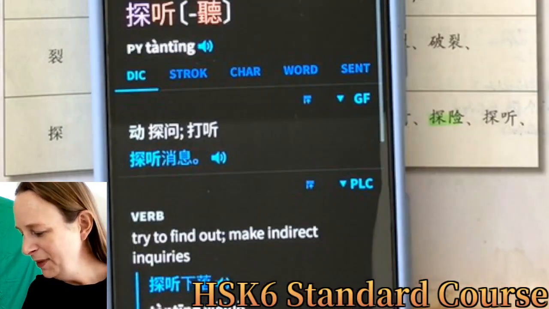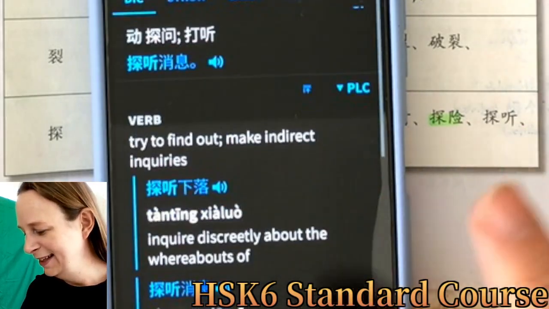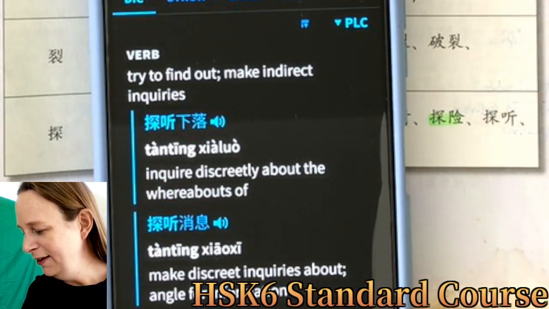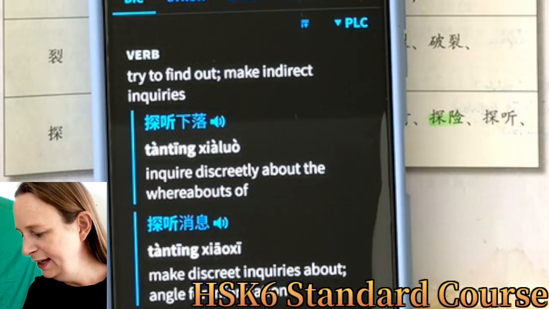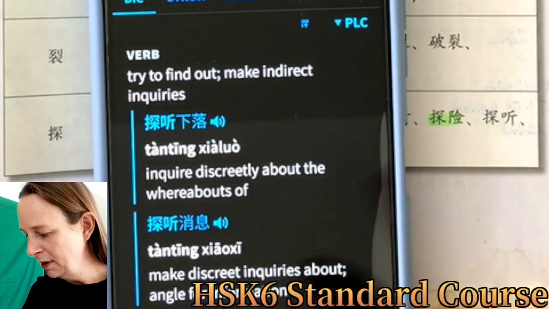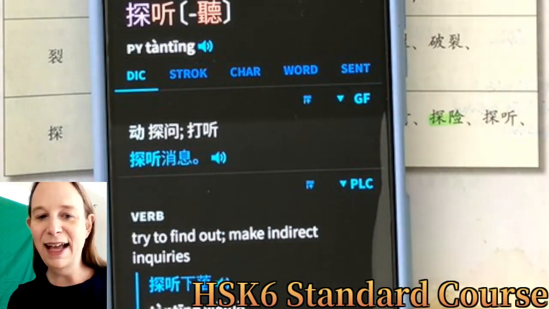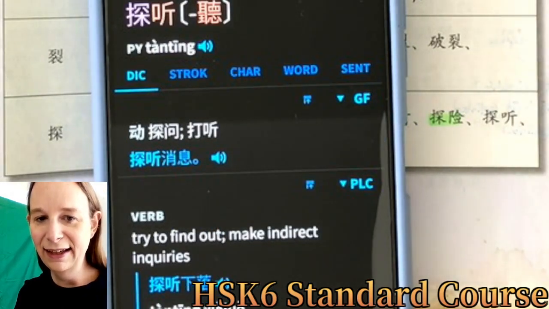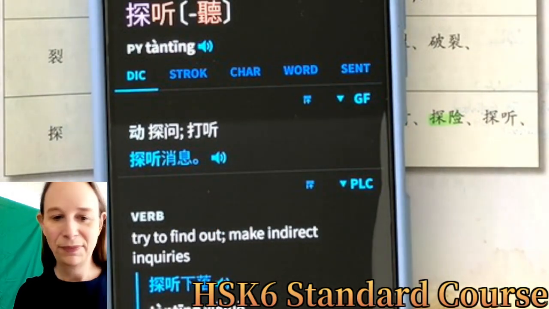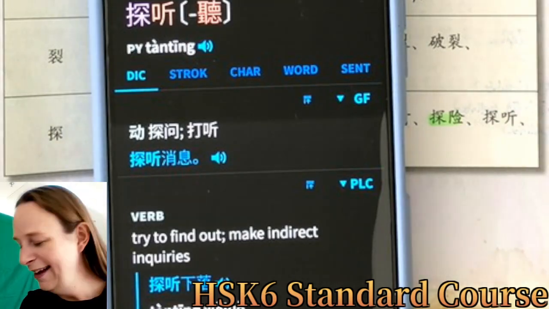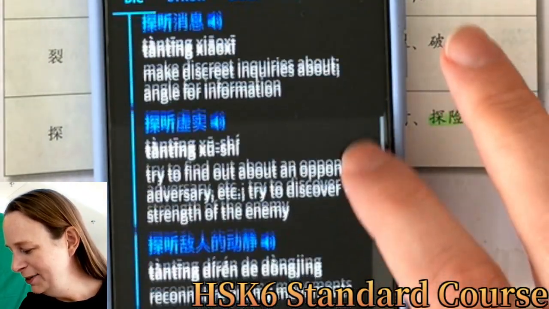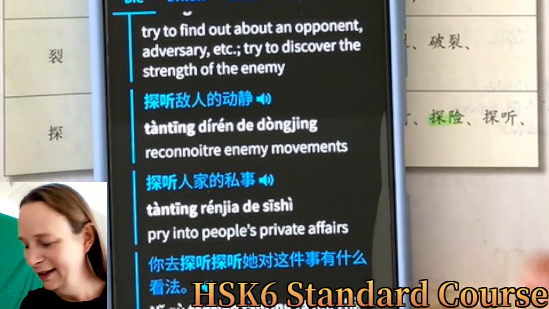Okay, but maybe we should look up what 探 means. Try to find out, make indirect inquiries. 探听下落. Oh, okay, so 打听, I will just ask you directly, whereas 探听, I will ask someone else about your situation, like indirect.